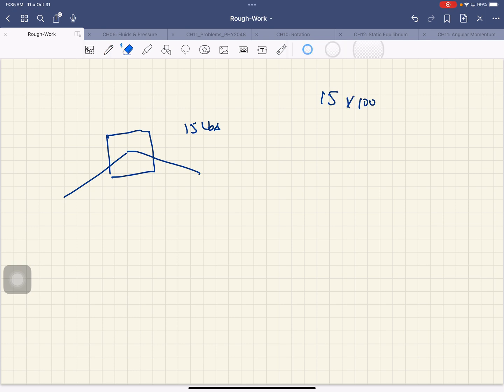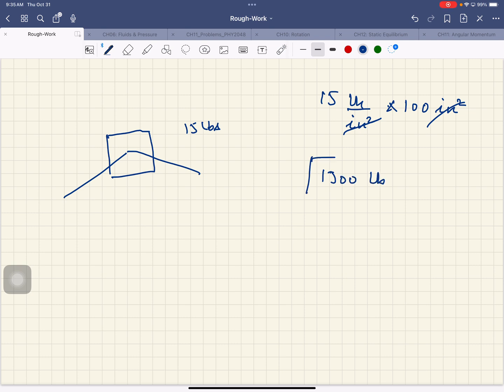So the total force on this thing is 15 pounds per square inch times 100 square inches. That is 1,500 pounds. The force of the air molecules bouncing off this paper is 1,500 pounds. That's the weight of 10 people.